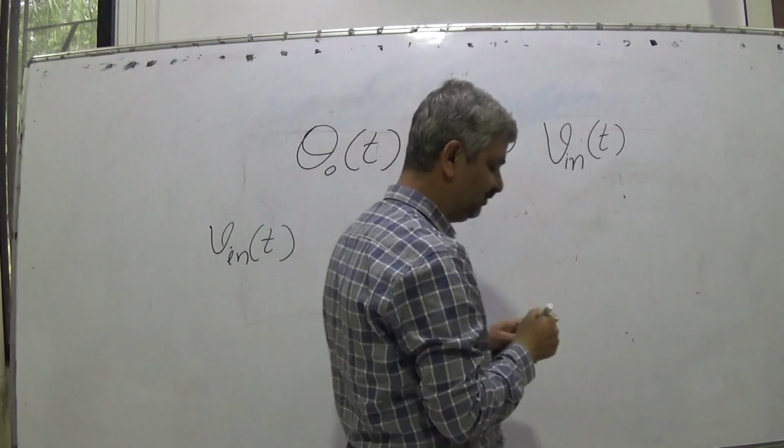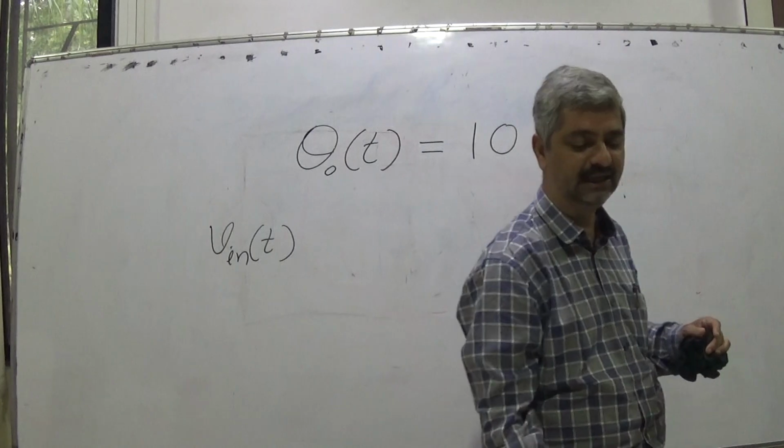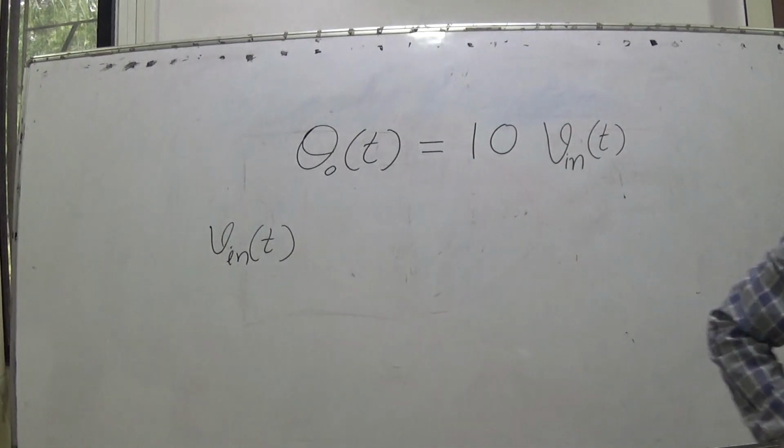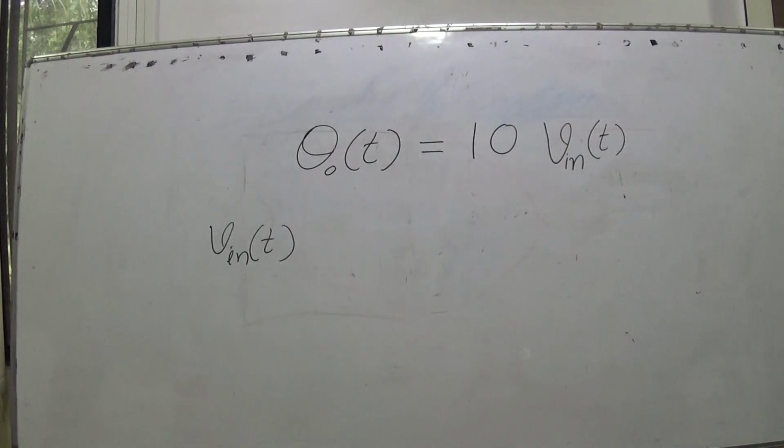Do you agree? So theta O T is equal to 10 into V in T, and the only thing is that you should be very much clear about the units, because unless you tell the units, it will be insufficient information.